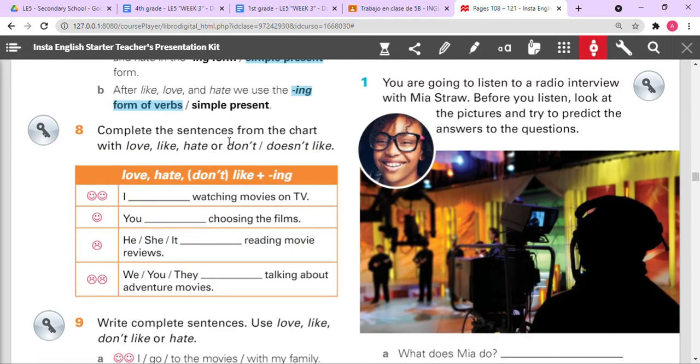Now let's see. Look. Complete the sentences from the chart with love, like, hate, or don't like, doesn't like. For example, here we have two happy faces. Love, no? I love watching movies on TV. There is only one face. Okay, like. You like choosing the film. One sad face.